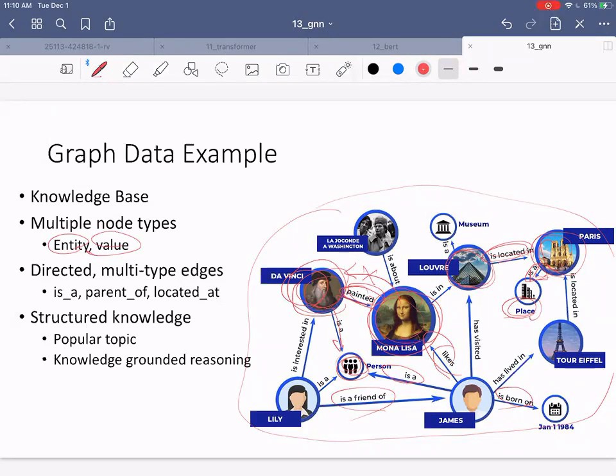This is what we call structured knowledge. Usually when we say structured knowledge in NLP, we refer to either graphs or tables, tables being like database tables. This is also a popular topic these days: people try to do knowledge-grounded reasoning, or common knowledge-grounded reasoning. When you do question answering, like the SQuAD dataset, some questions are unanswerable unless you have access to common knowledge.